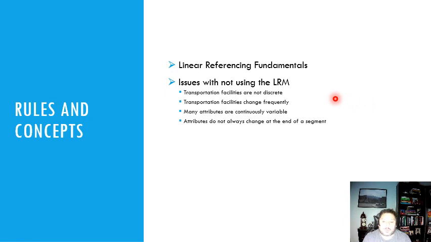The second one is that transportation facilities change frequently. This is a big issue. A single attribute at one location may not change for years. However, given the spatial extent of a state roadway system, an attribute is changing somewhere every day. So editing the database to keep it updated is a very tedious task.